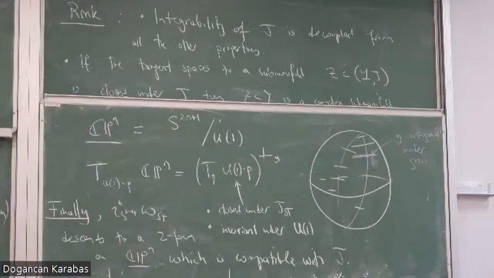They're the same J. And this symplectic structure is compatible with this J in the sense that when you combine them, you get a Riemannian metric.